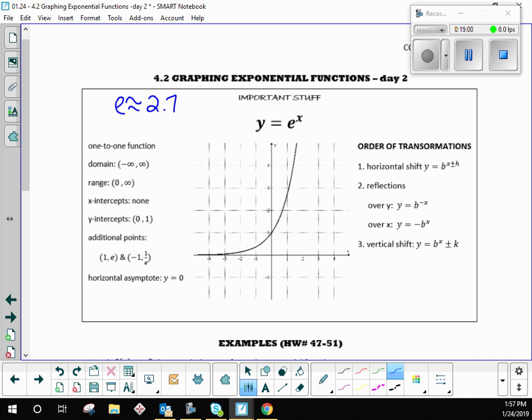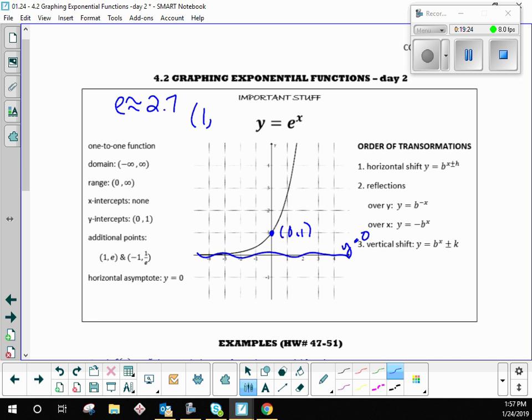What two things are the same on this graph as every exponential function? I heard y'all: the point (0, 1), and the asymptote y equals 0. And for this particular graph, its additional point at x equals 1, what would the y value be there?